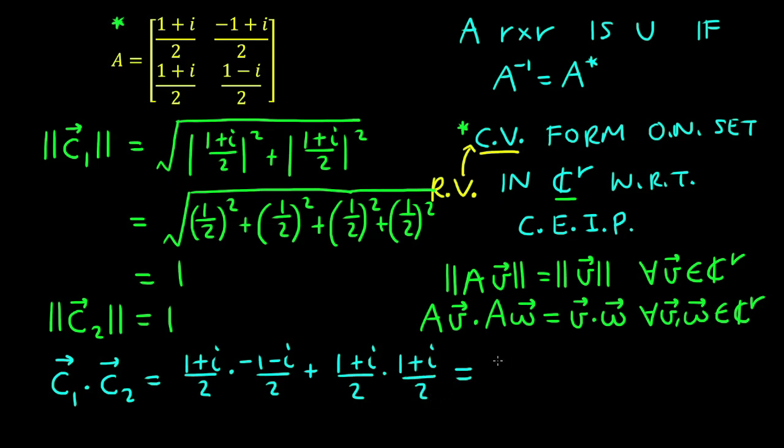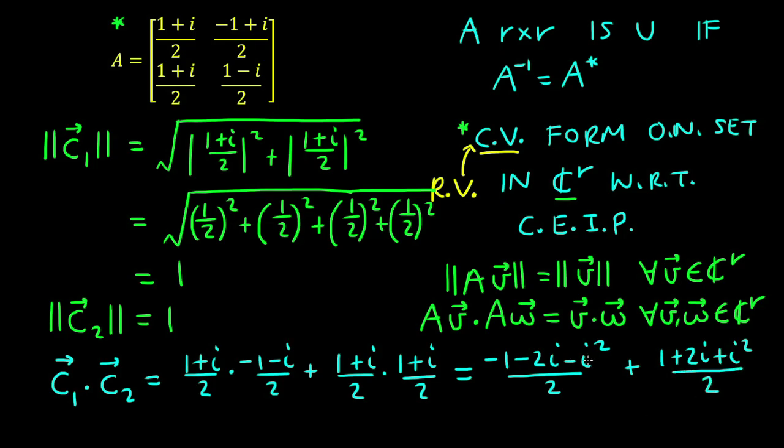So that gives minus 1 minus i minus i minus i squared on 2 plus 1 plus 2i plus i squared on 2.